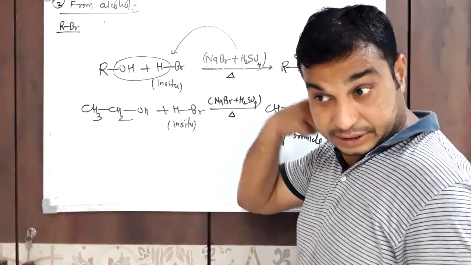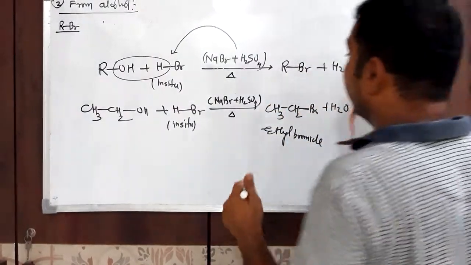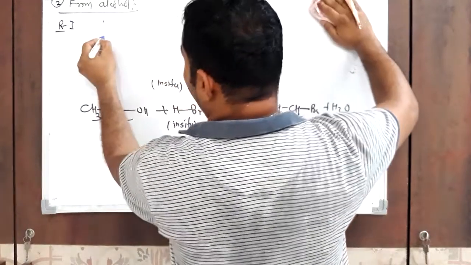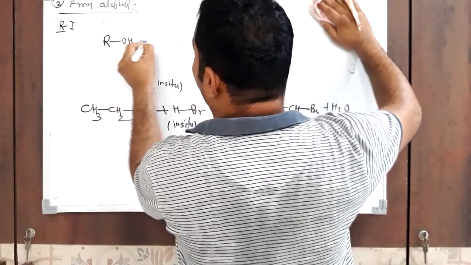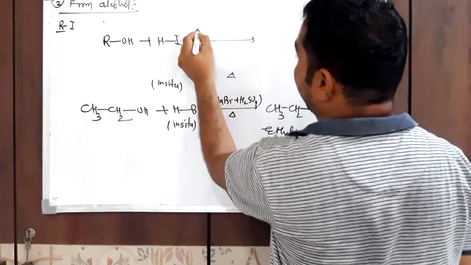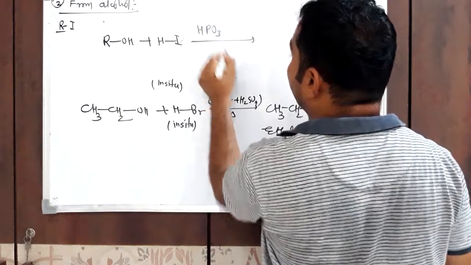Now similarly we can prepare alkyl iodide. Very simple. Take alcohol and react it with HI in presence of HPO3.